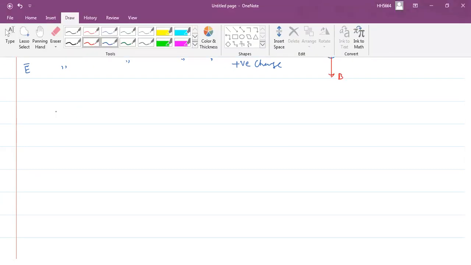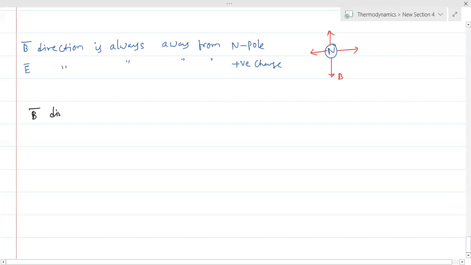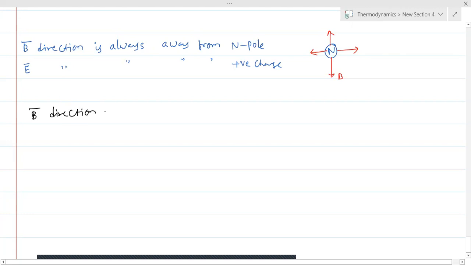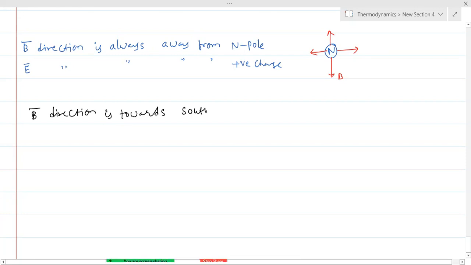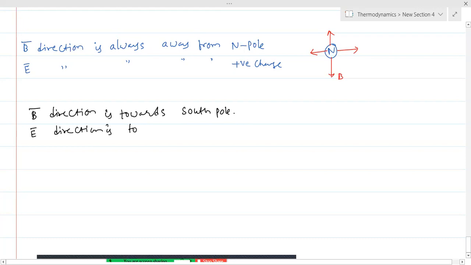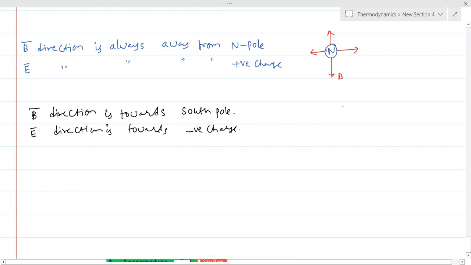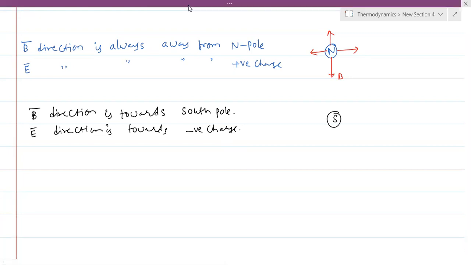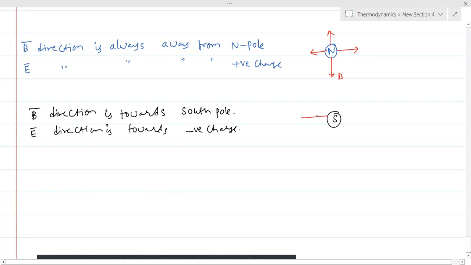And the B bar direction is towards the south pole. So while in electrostatics the E bar direction is towards a negative charge, in magnetism, when we think of south, the lines of force are always moving towards the south pole.